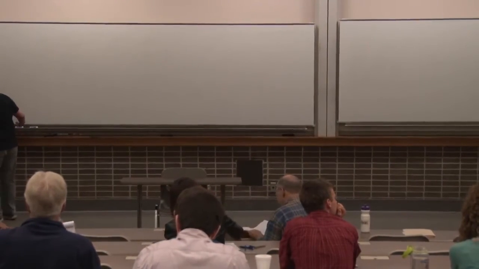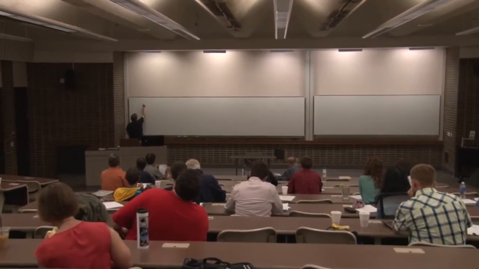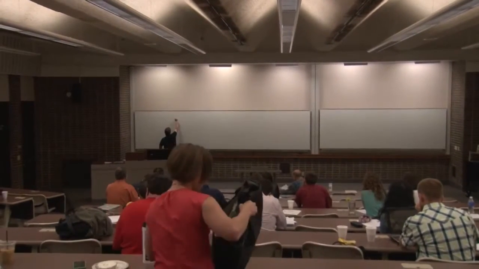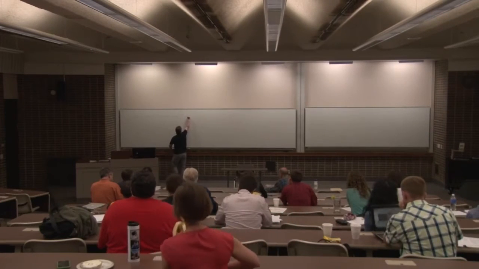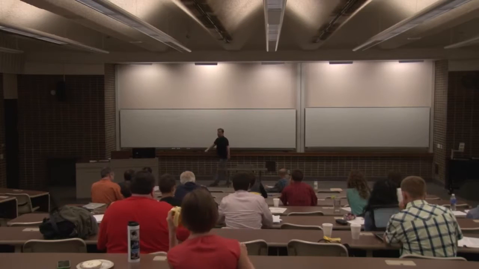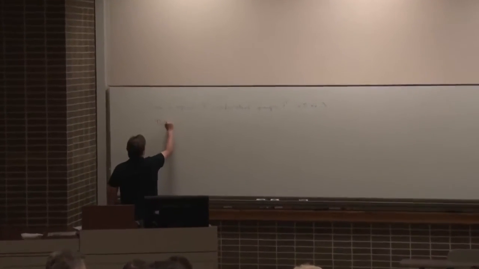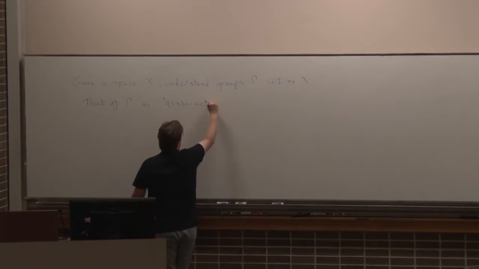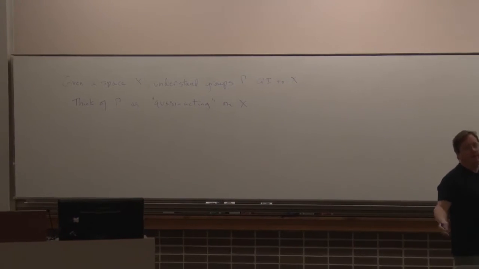So essentially where we stopped was I was trying to discuss this question of, given a space X, understanding groups gamma quasi-acting on X. I had suggested that one way to do this was to think of gamma as quasi-acting on X. Just to remind you, that just meant each element of gamma comes equipped with some quasi-isometry of X to itself.